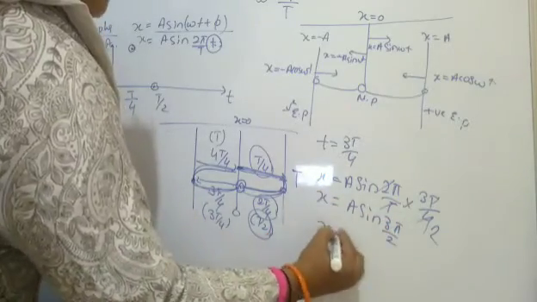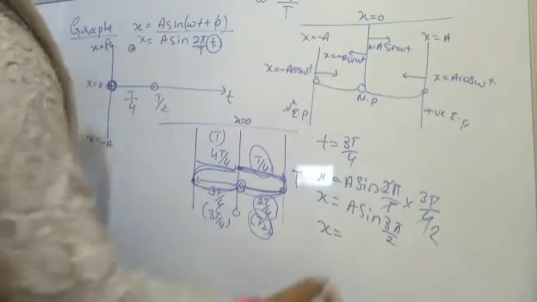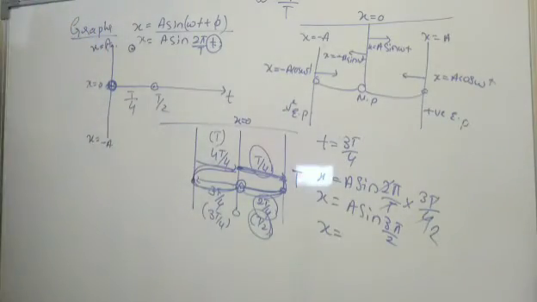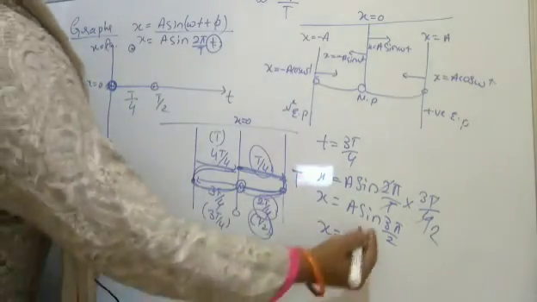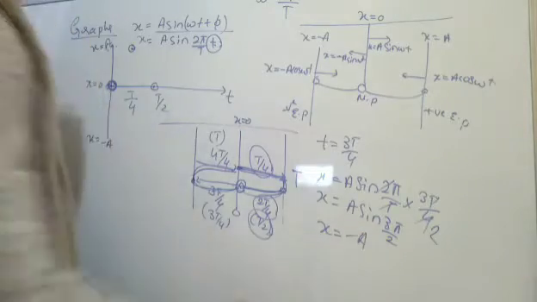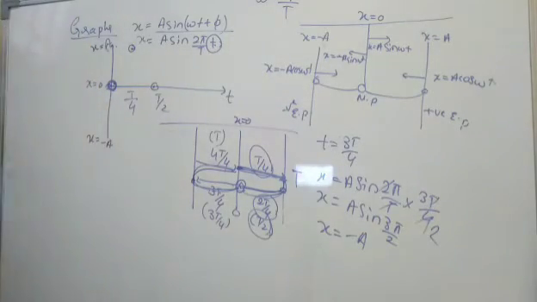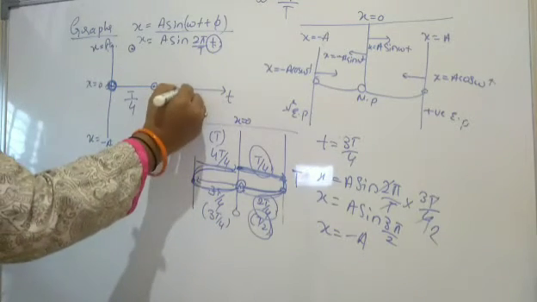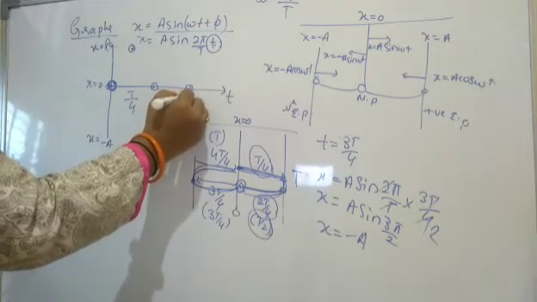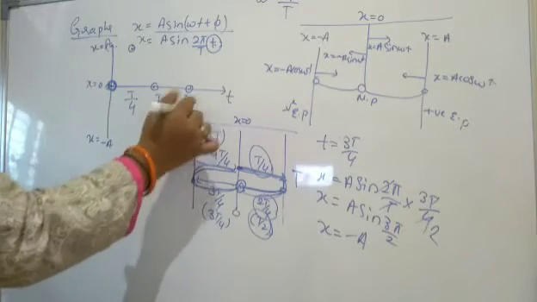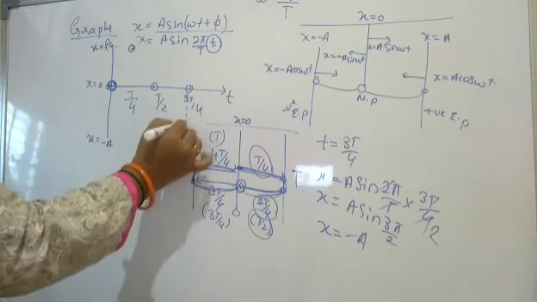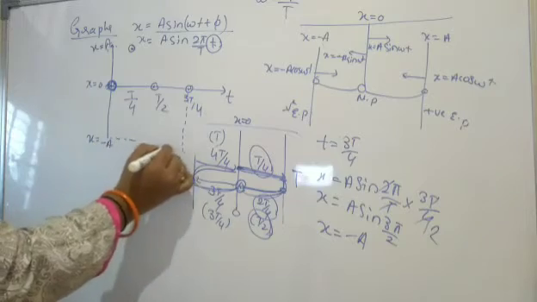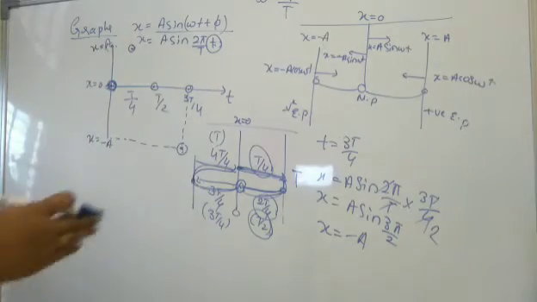Sin 270 degrees is minus 1, so x is minus A. Where do we get minus A? At this point, 3T by 4. Here I am getting minus A.